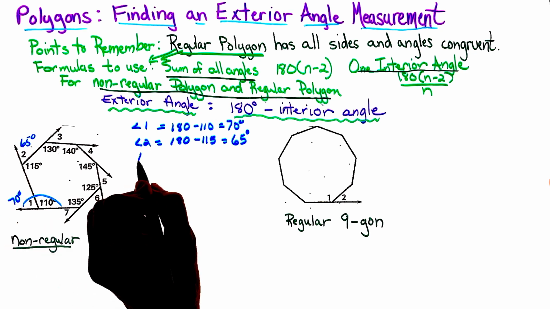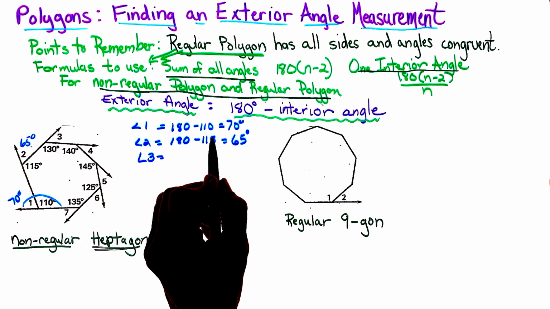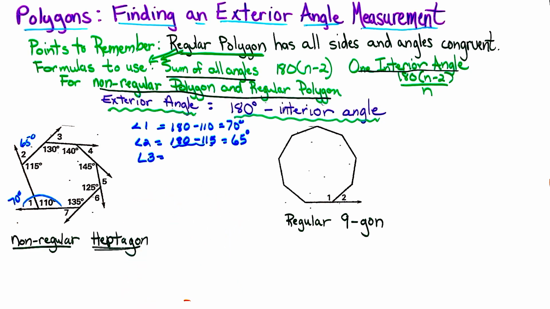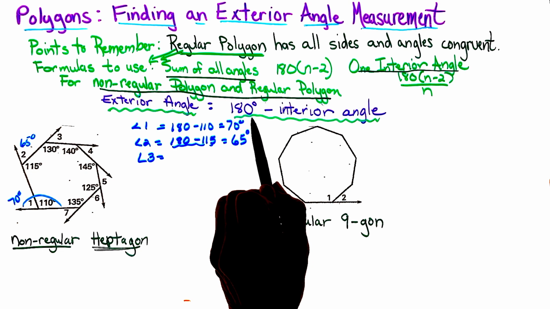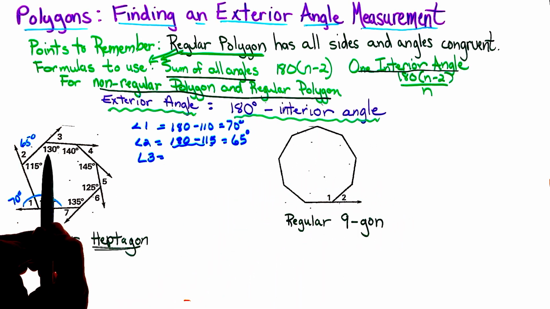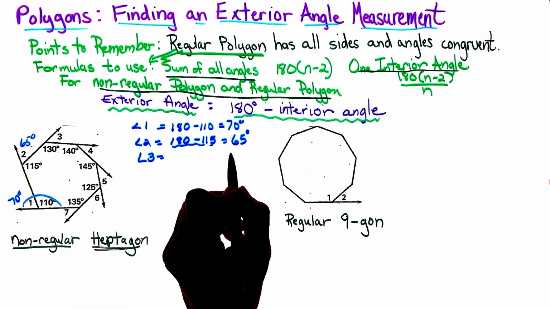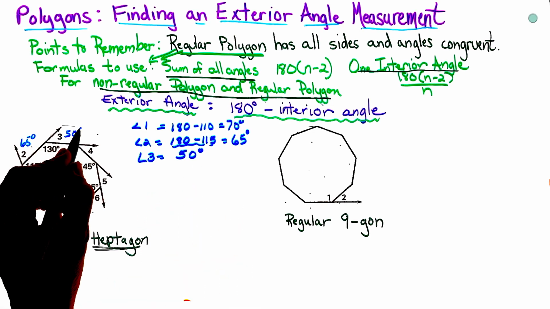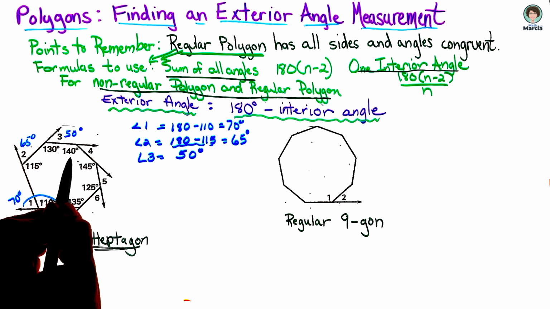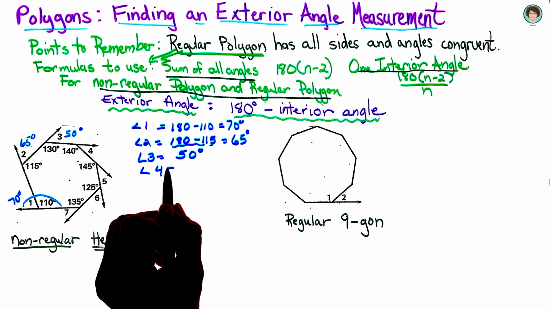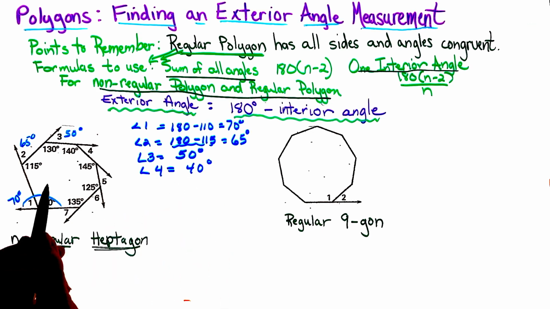All right, so for angle 3, I'm not going to write this little subtraction problem anymore. I'm just going to say it, but we're going to remember it's always 180 minus the interior angle. So for angle 3, it's going to be 180 minus 130, and for angle 3, we do get 50 degrees. Writing it in my picture. For angle 4, 140 degrees, so 180 minus 140 is equal to 40 degrees.